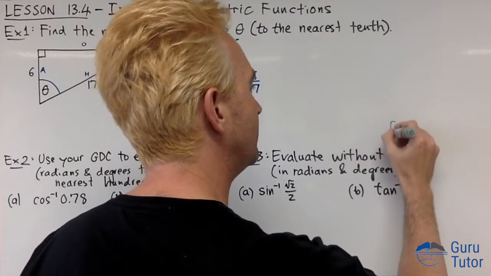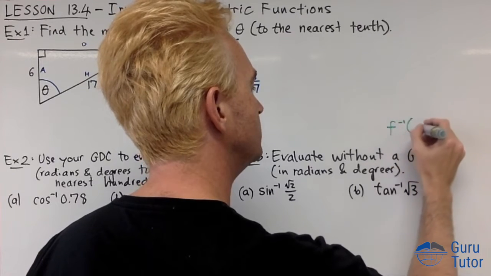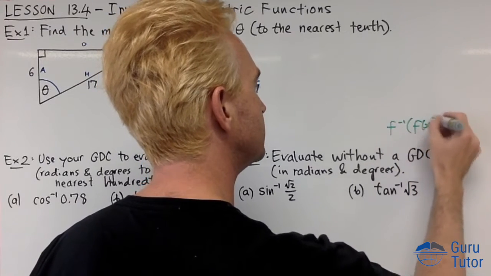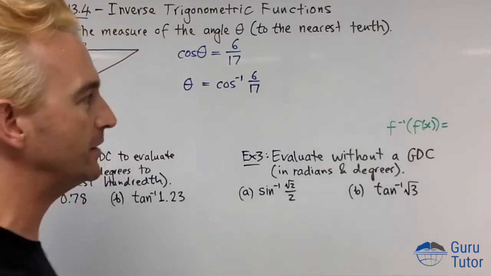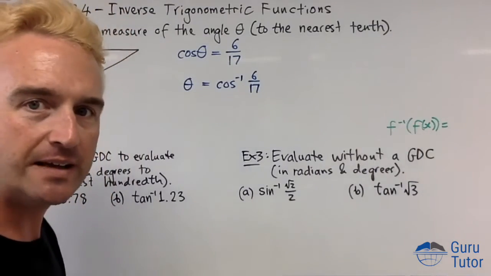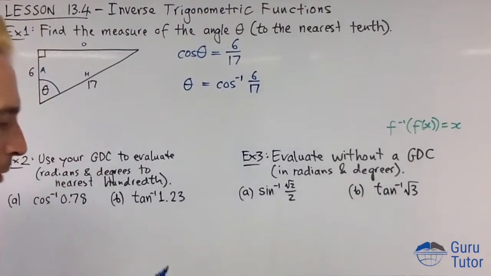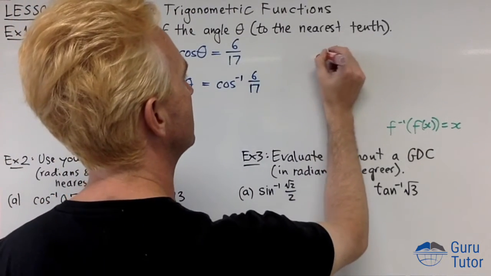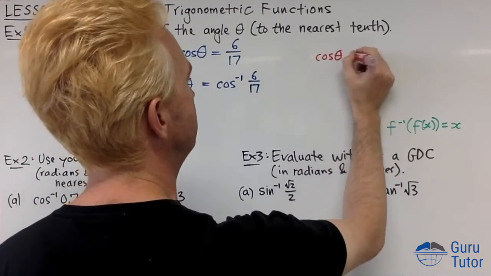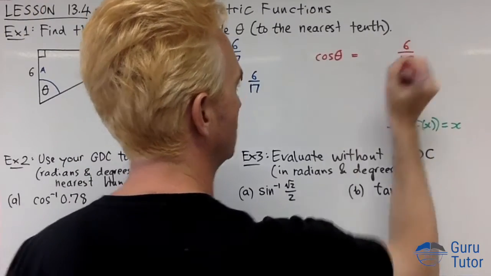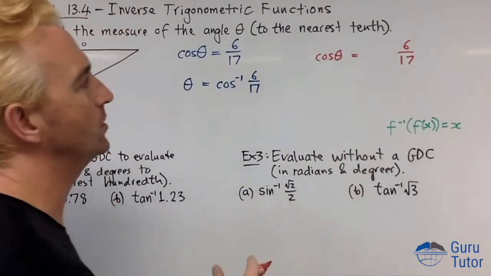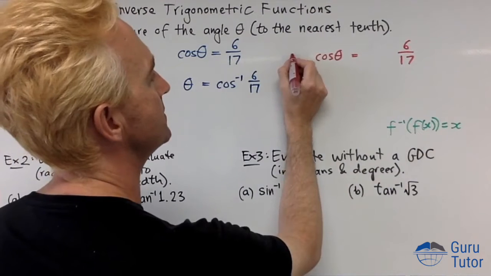And remember, f minus 1 of f of x gives what? The function and its inverse cancel each other out. They kill each other off just to leave x. So what we're actually doing here, if I was going to put in another step, cos theta equals 6 over 17, is taking cos minus 1 of both sides.